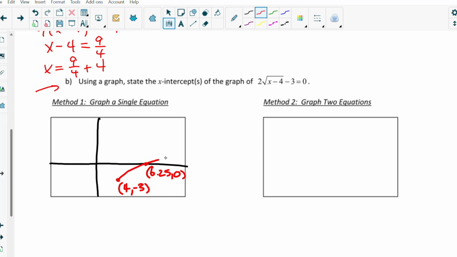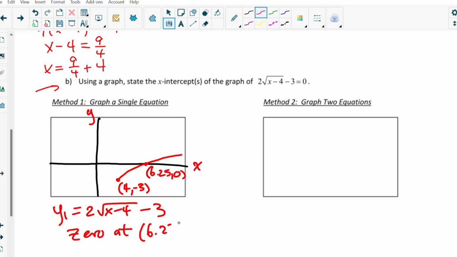This is what it looks like. Something like that, folks. Okay, so this is your y-axis, x-axis. y1 equals 2 times the square root of x minus 4, minus 3, and then my 0 at 6.25, 0.